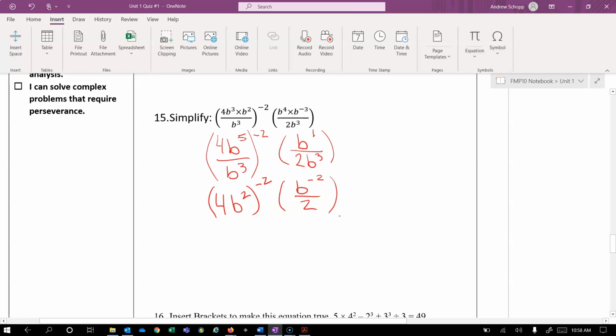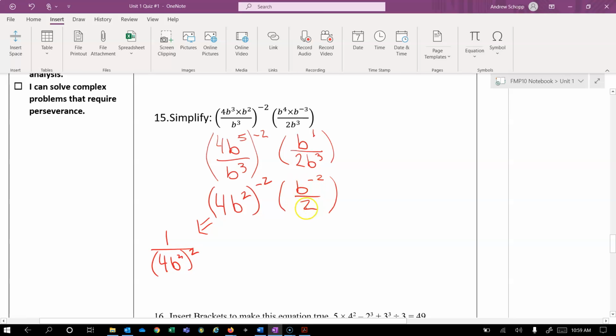And now we can move our negative 2 in, or we can make it positive. Your choice. If you wanted to make this positive, you'd rewrite it as 1 over 4b squared to the power of 2. And we're multiplying that by, you could make this one positive as well.